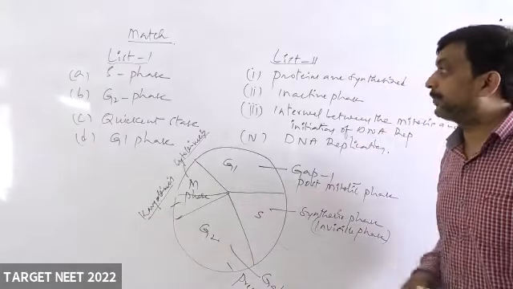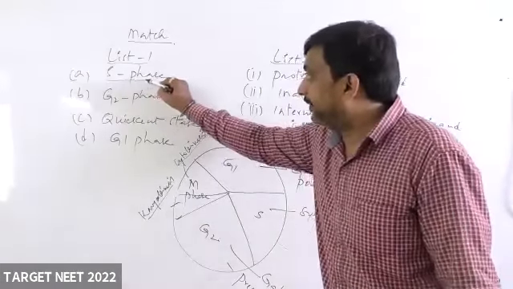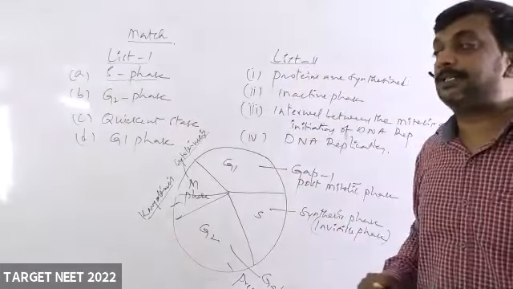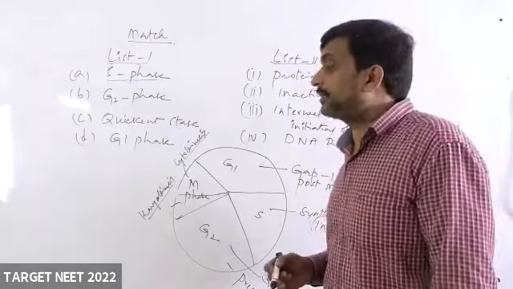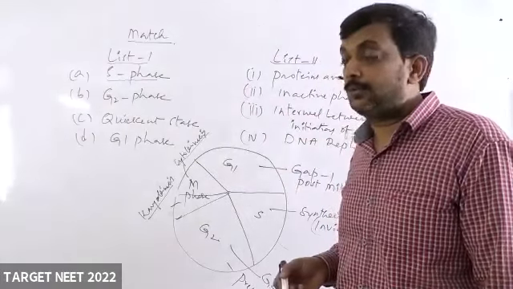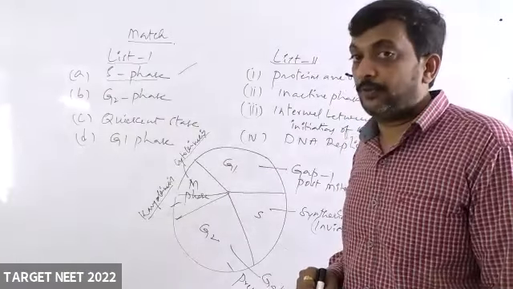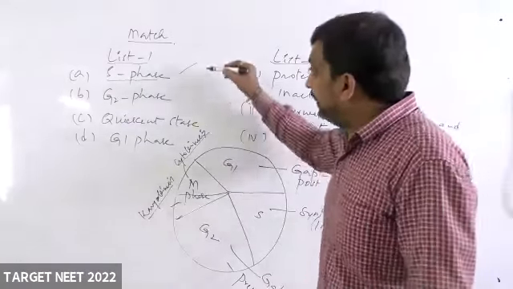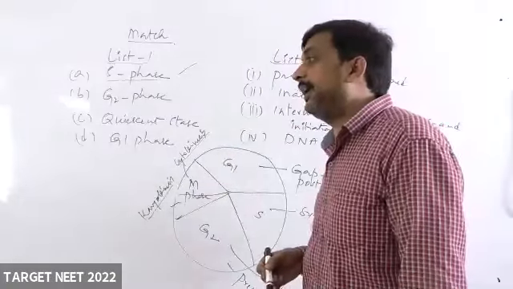Now in the given options, the first one is S phase. The S means it is concerned with the biosynthetic phase. In this phase, one more copy of the DNA molecule is formed, histone proteins are formed, and the duplication of the centriole takes place during the S phase.